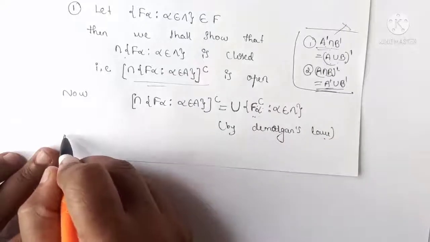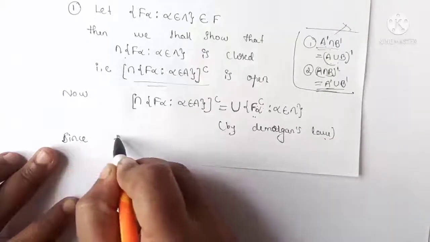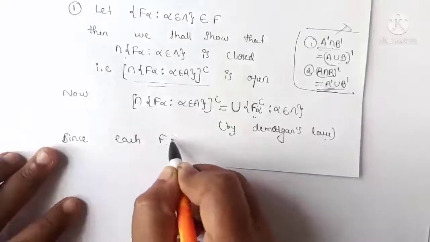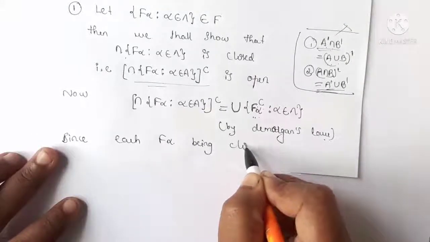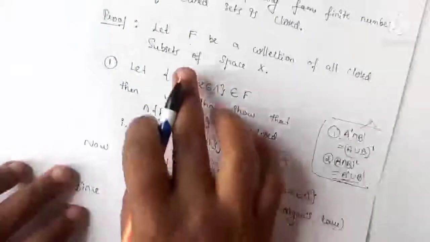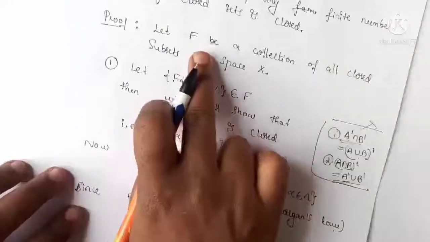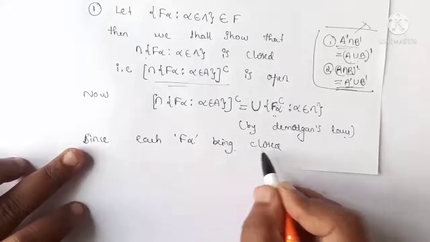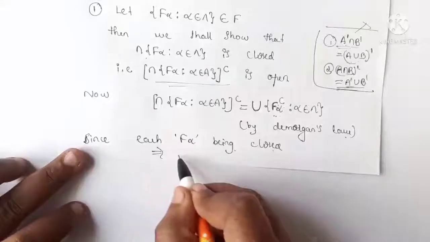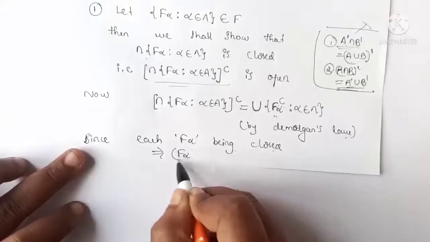Now we know that each F alpha is closed, because F is a collection of closed sets. Since each F alpha is closed, their complement is definitely open.